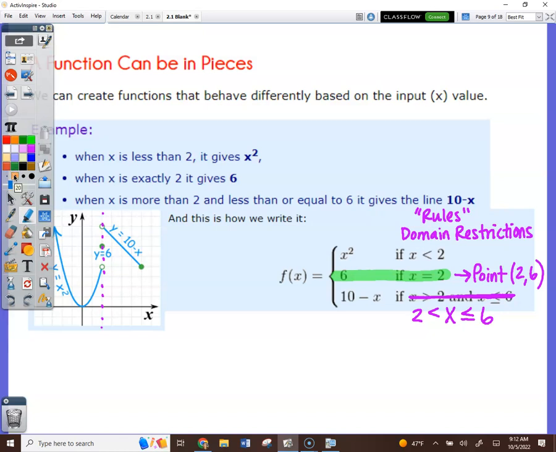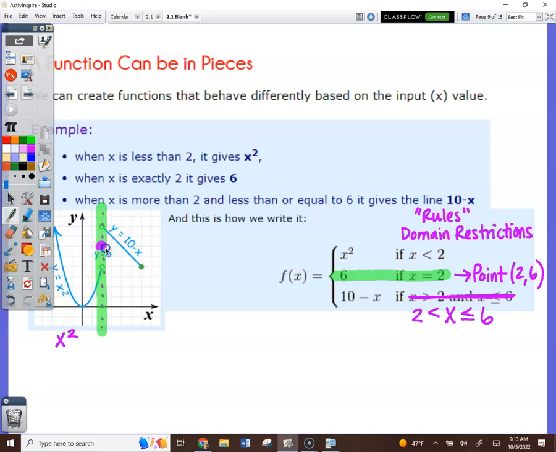Find x equals 2 and drop a vertical with a highlight. And now it said less than. So right here, this whole section is x less than 2, it's x squared. What's the equation? X squared. Notice right here it says y equals x squared. This is x squared when x is less than 2.